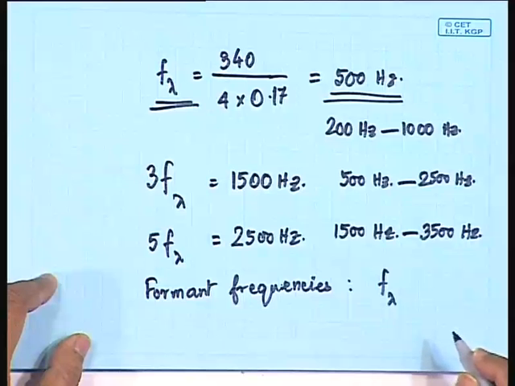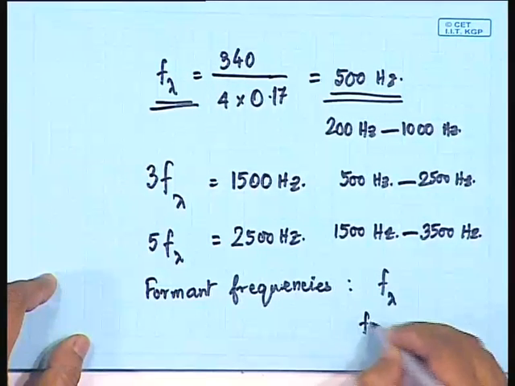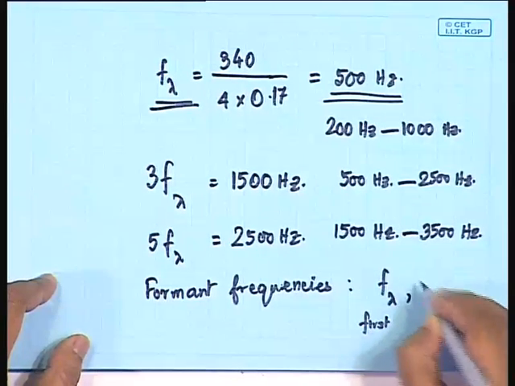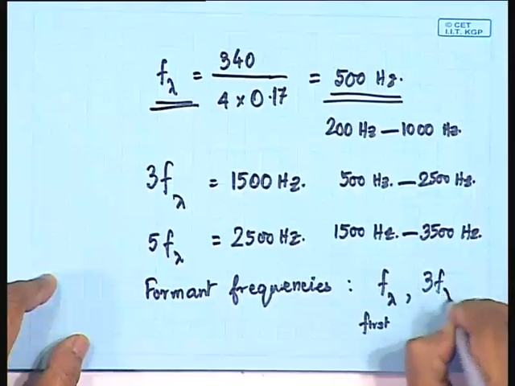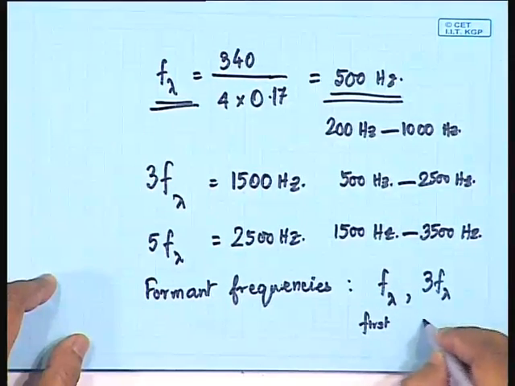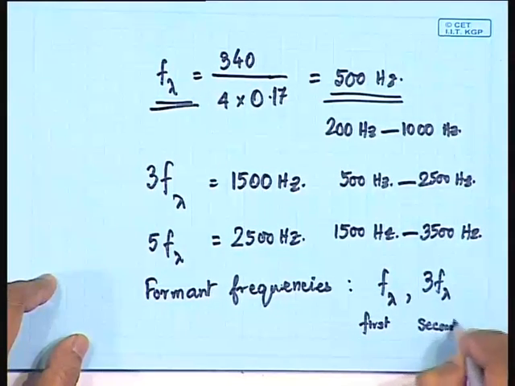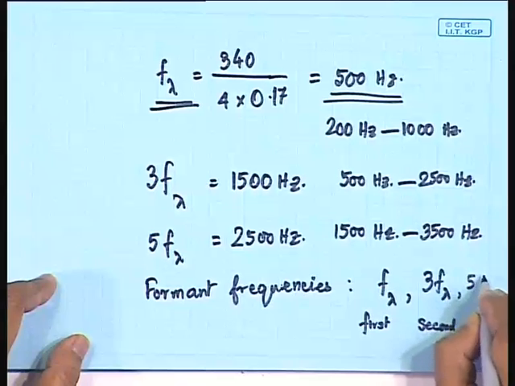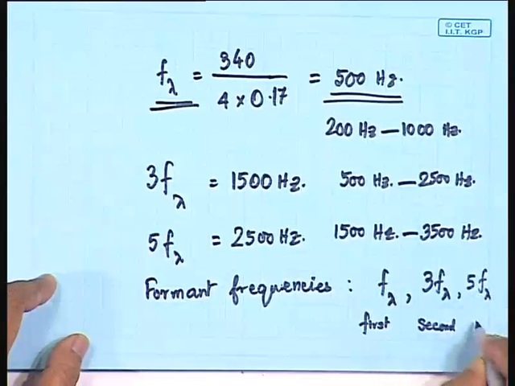So, f lambda is the first formant frequency. The second formant frequency is 3 times f lambda. The third formant frequency is 5 times f lambda, and so on.